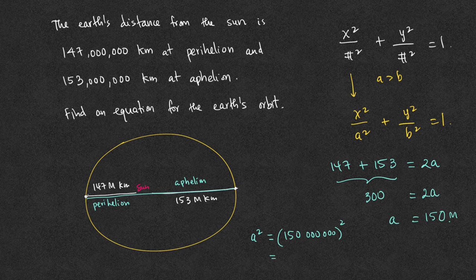And for 150 million squared, first we take 150 and then we square it to get 22500. And then because we have 6 zeros here, squared it would give us 12 zeros.